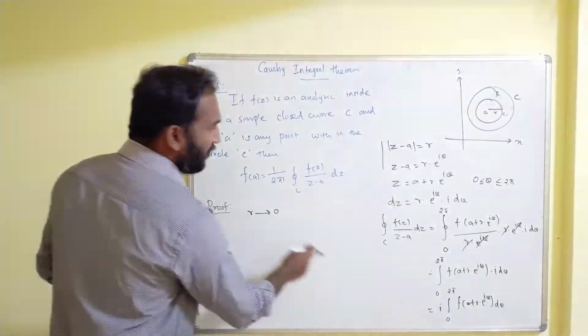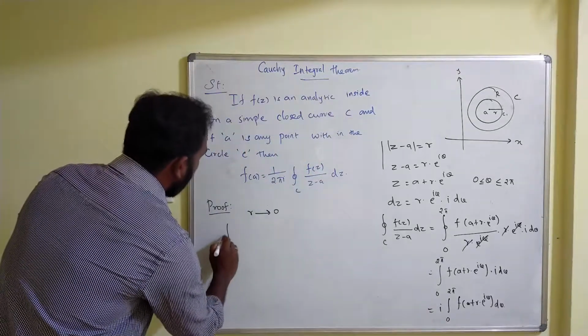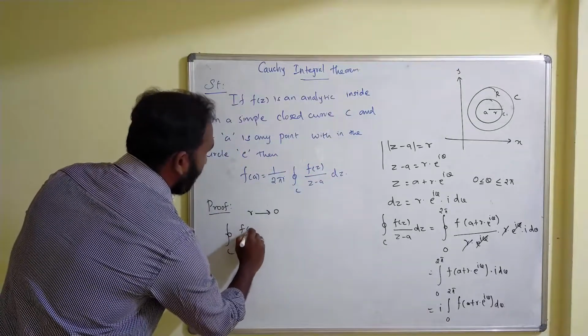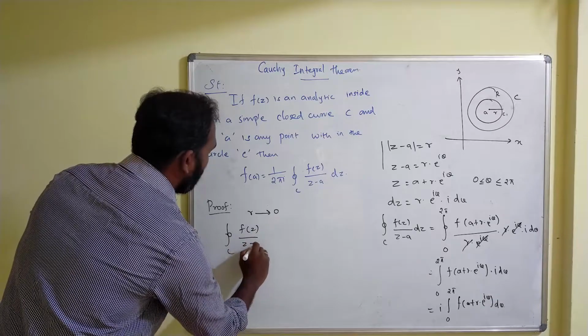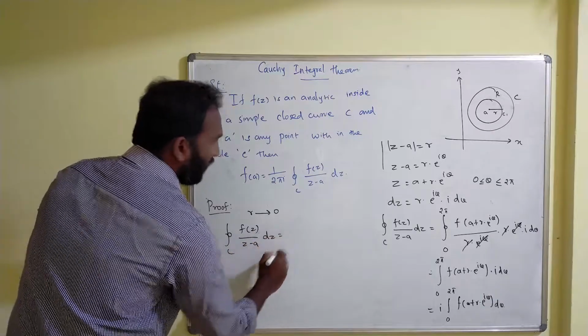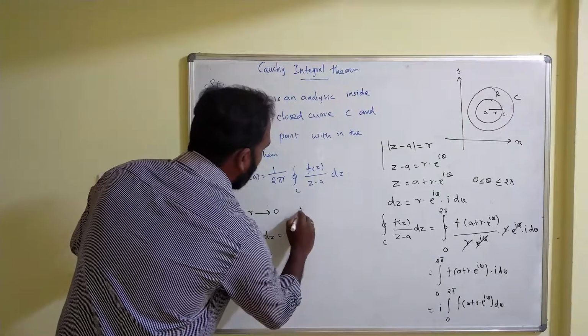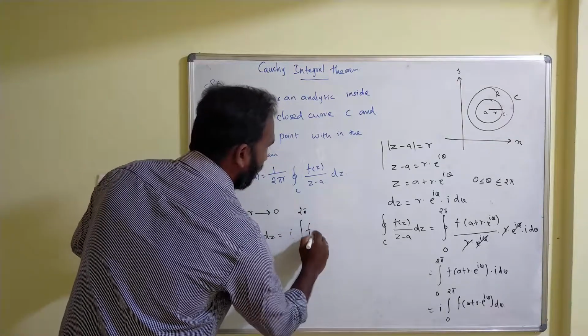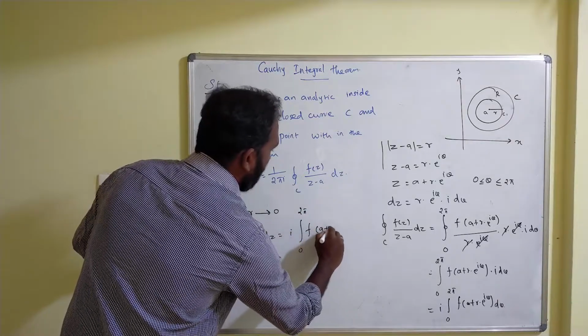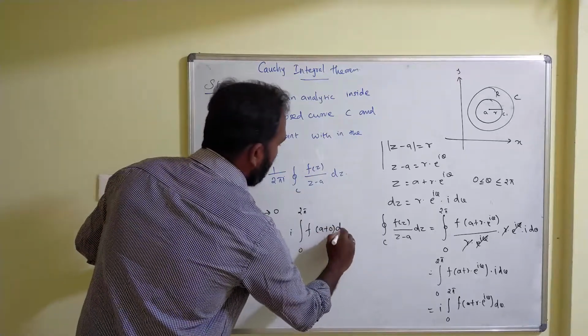Then R tends to 0, substitute here: integral over C f of z divided by z minus a into dz is equal to i into integral 0 to 2 pi f of a, this value will become 0, into d theta.